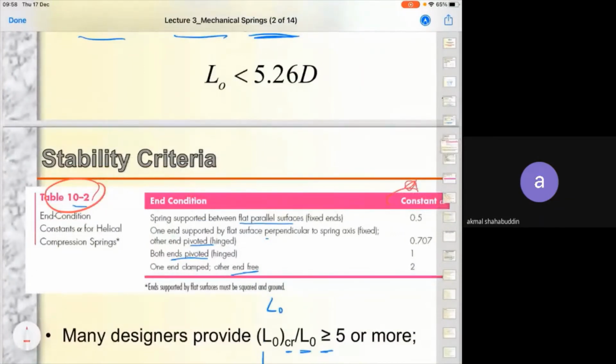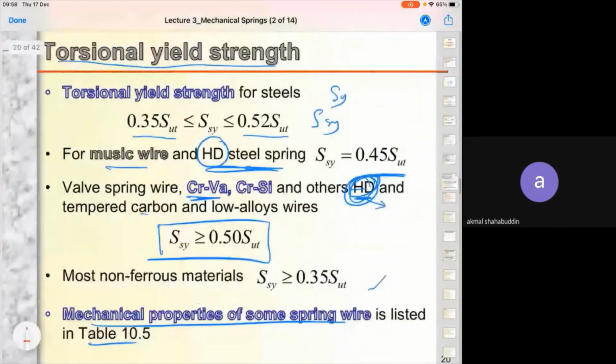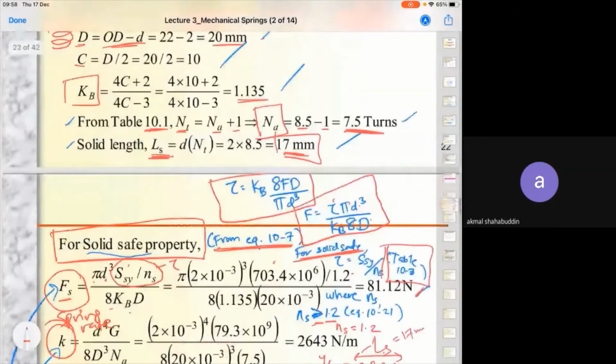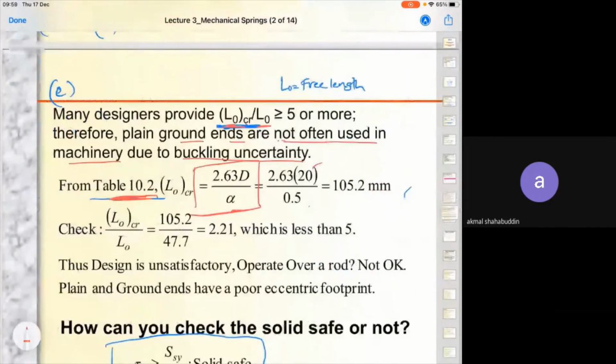So kita masukkan value tu ke dalam yang ini. Kita check dulu length critical 105.2 mm, and then divided by LO, total length, kita dapat nilai 2.21 which is less than 5.